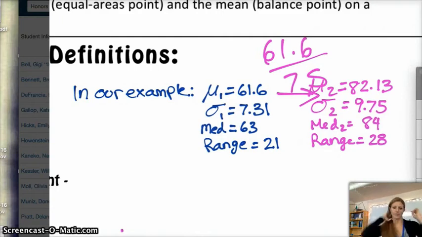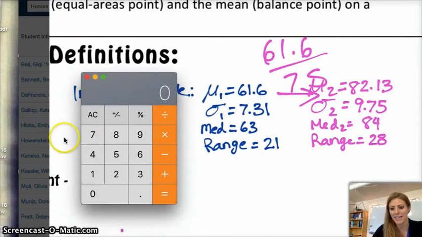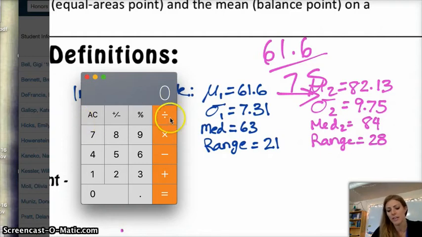Next we have the standard deviation, and you could probably guess that the same thing is going to happen. Basically you're converting all of your data from points on the test to percentage. So in theory, your standard deviation, which is 7.31, if you divide that by 75 and multiply by 100, you should get your new one, 9.75, and you do.